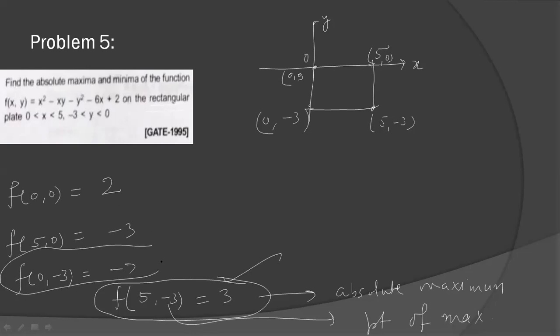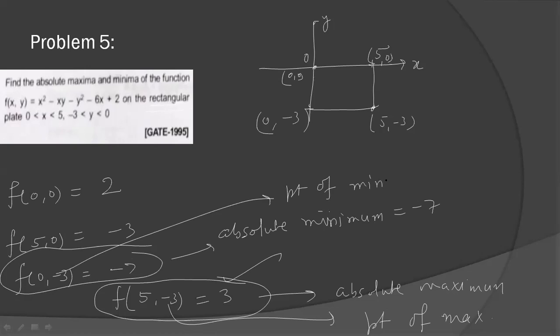And this is the minimum value, so this is the absolute minimum. Absolute minimum value is minus 7 and the point of minima is (0, minus 3). This work I have to do when the region is bounded.